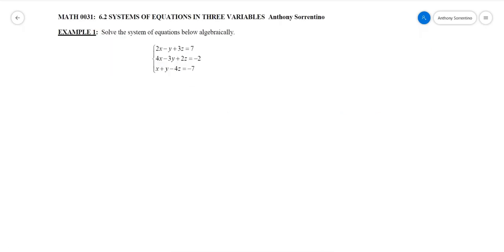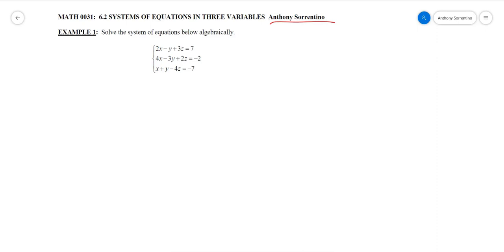So with 6.2, the systems of equations in 3 variables, although they should probably say 3 or more variables, because I think they do try to throw a fourth, 4 equations with 4 unknowns situation at you in some of the homework problems. Basically the procedure that we used in the first lesson in chapter 6 works with systems of equations where I have 3 variables with 3 unknowns.